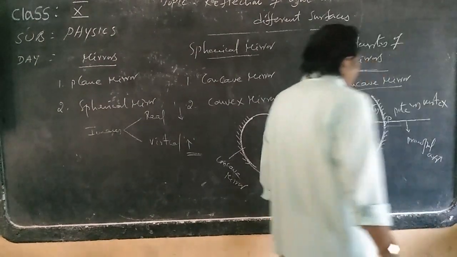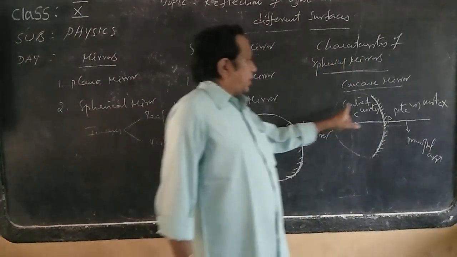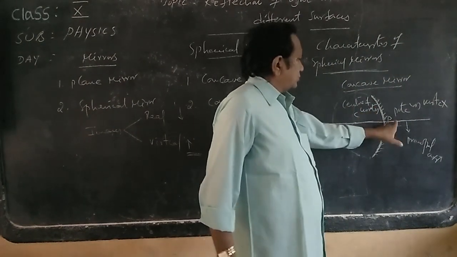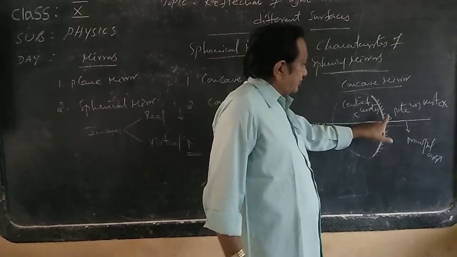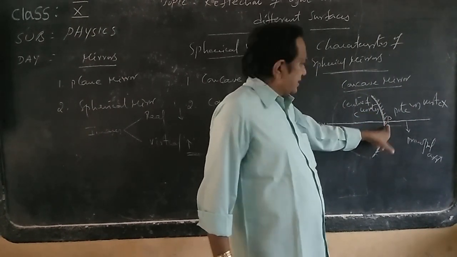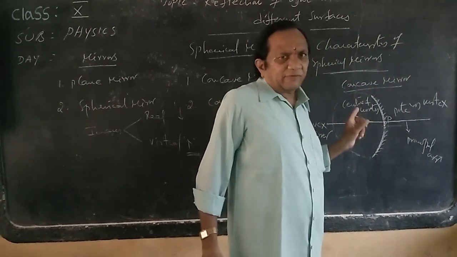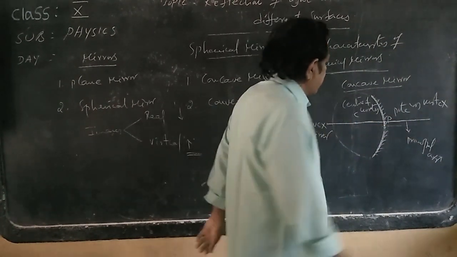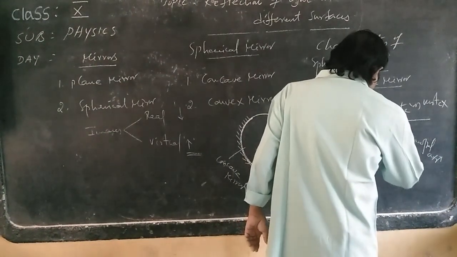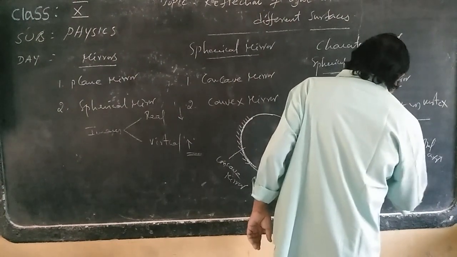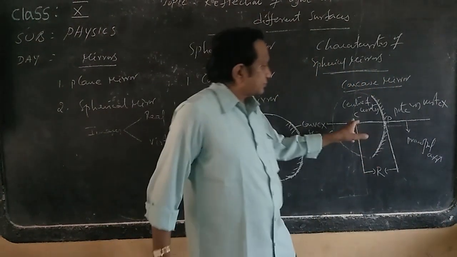Understand these points. The center of the sphere is called the center of curvature. The center of the mirror is called the pole or vertex. The line passing through the pole and center of curvature is the principal axis, and the distance between the center of curvature and pole is called the radius of curvature.